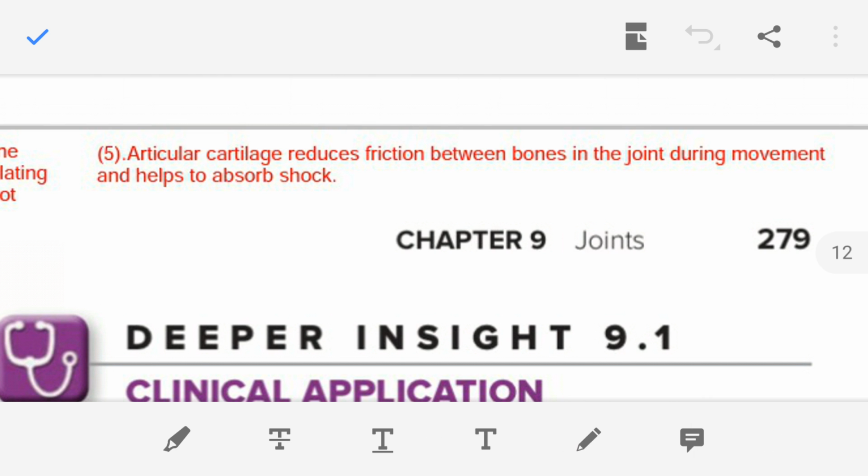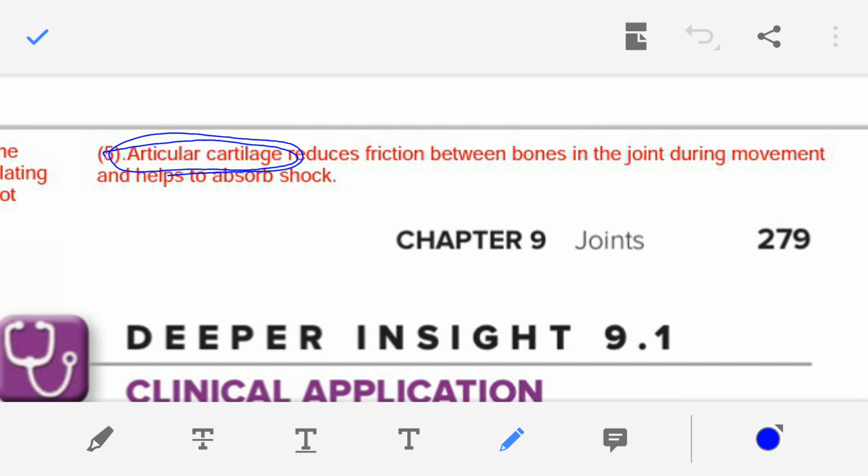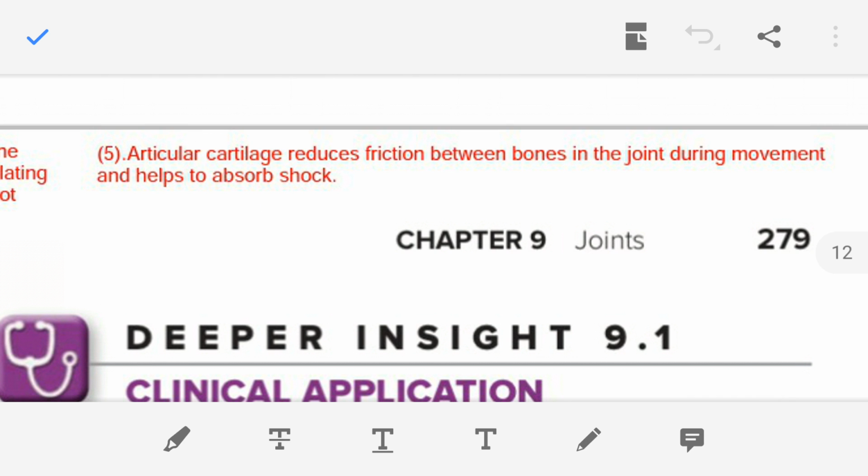So we can say in simple words that the articular cartilage is protecting our bones from friction and shock during various kinds of movement, running, walking, climbing, jumping.